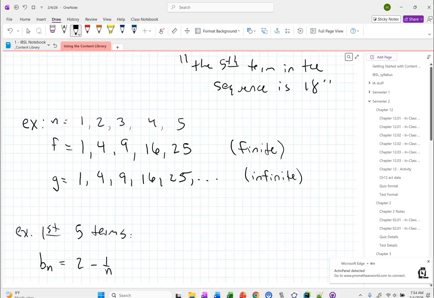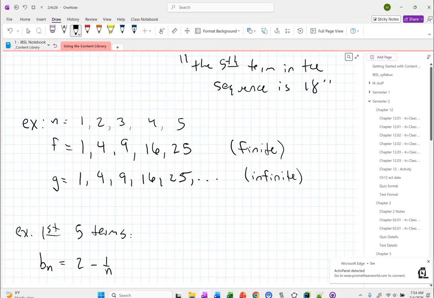We'd call that a finite sequence because there's an end to it. Now, if we look at the sequence below it, sequence G, what's the only difference between F and G? There's that ellipsis at the end, the dot, dot, dot, indicating that G is going to continue in that pattern forever. We call G an infinite sequence. Everybody feel okay there?